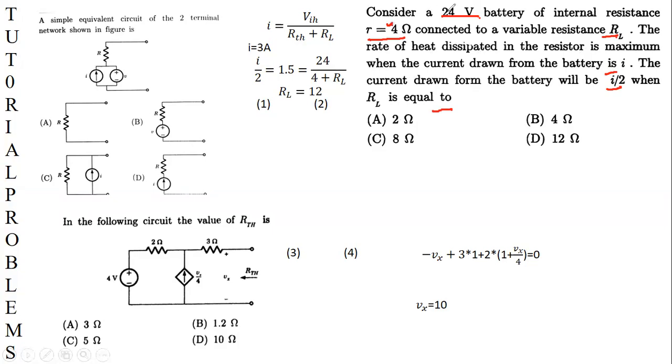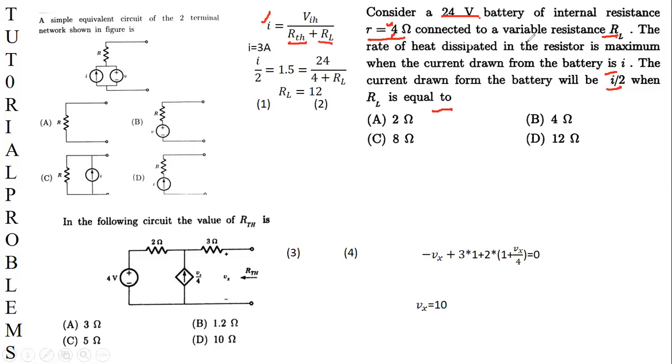This is the VTH and this 4 ohm is equivalent to the RTH, and RL is connected in series. So the value of current I in the circuit is VTH upon RTH plus RL.